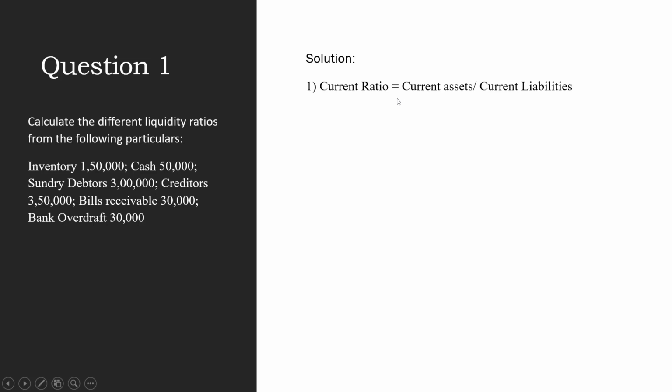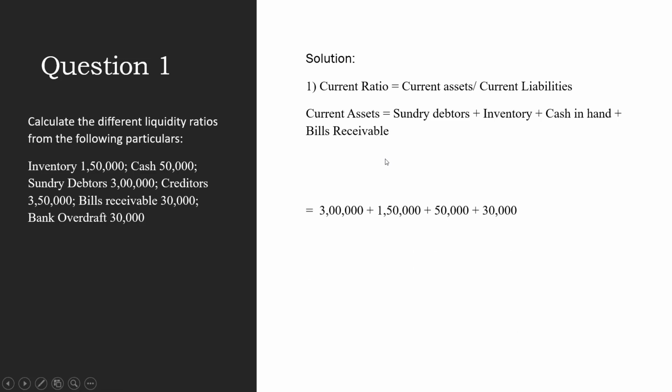After putting down the formula, the next step is to find the current assets. The current assets available are sundry debtors, inventory, cash in hand and bills receivable. These items need to be added together to find the value.